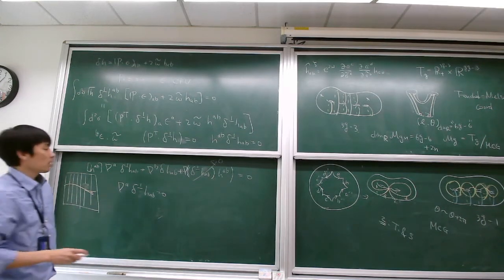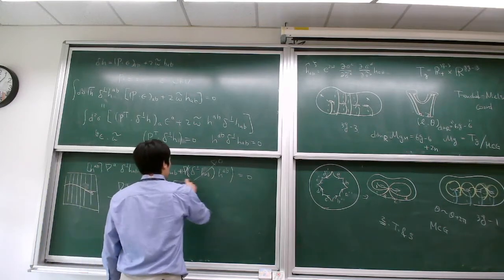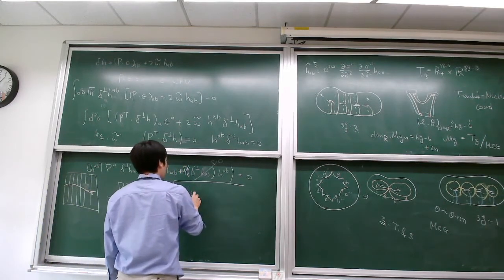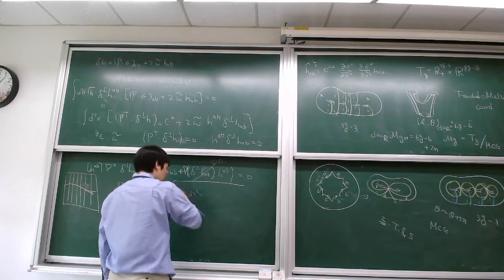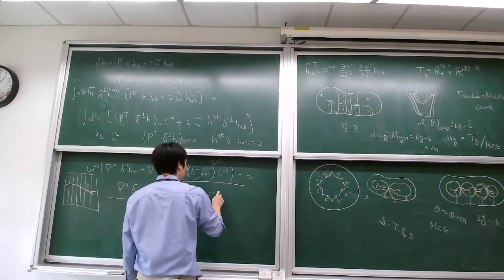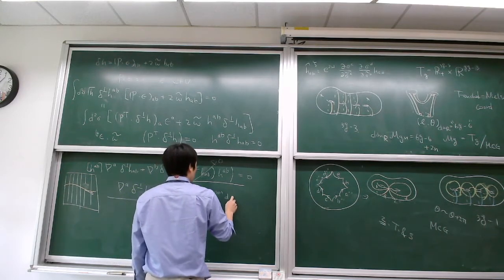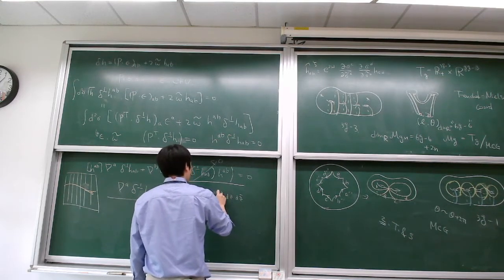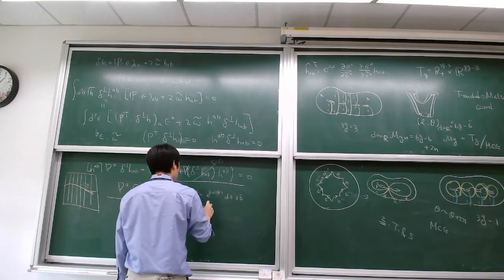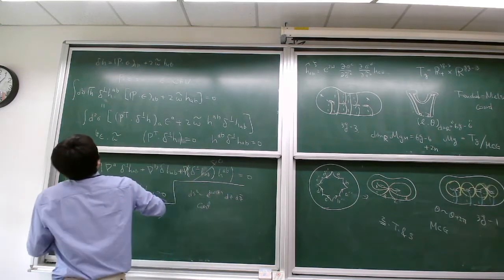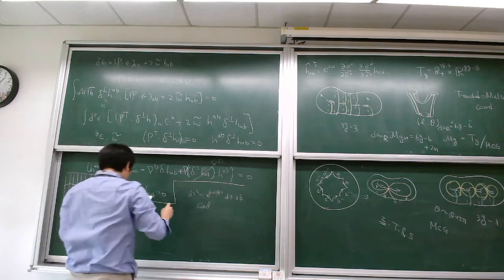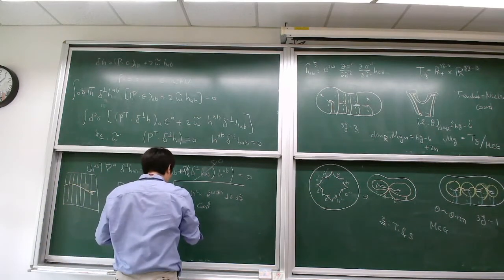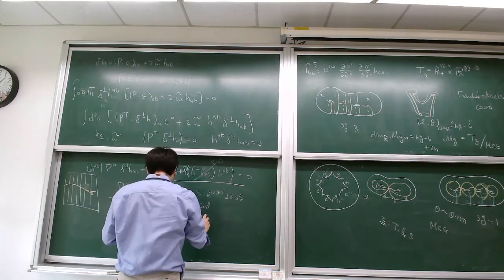If you take the conformal gauge, so if you take ds squared equal to e to the omega dz dz bar, this is to take the conformal gauge. So the conformal Killing vector equation just becomes this one, which we already did many times.